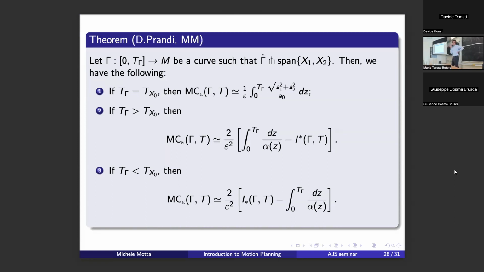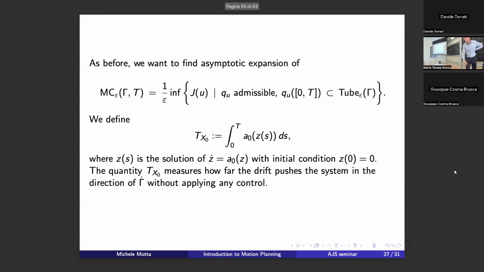You have just to choose the drift suitably, and then you are in one of these three cases. Here you can scale A0 with some constant, and if it's small enough or big enough, you get each case.